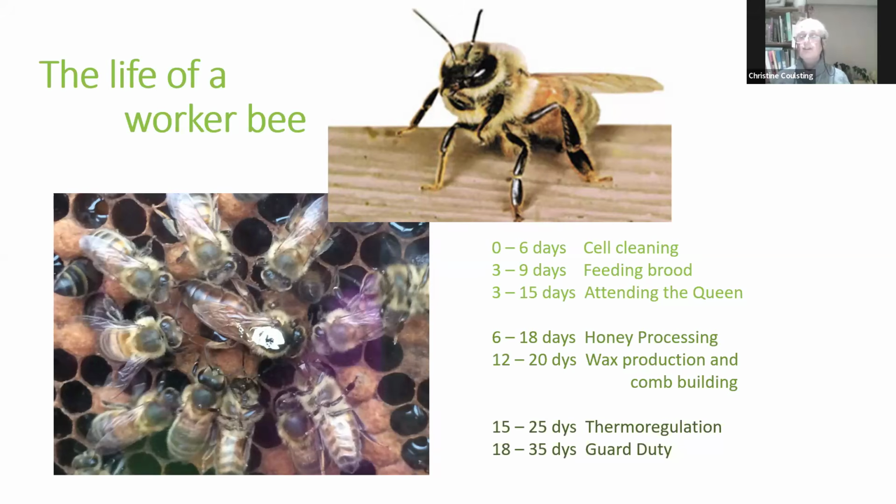Their wax glands, which are under the ventral plates of the abdomen, will start producing wax, and they can also do comb building. So that's on the outskirts of the brood nest. And then further from them, they will do thermoregulation and, out at the entrance, guard duty. And then they move outside.